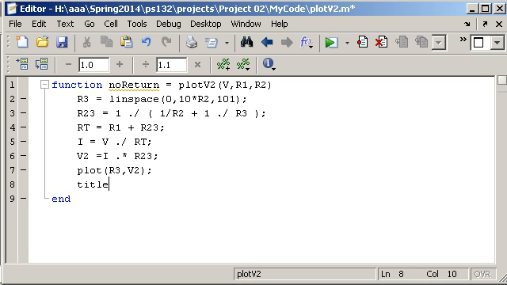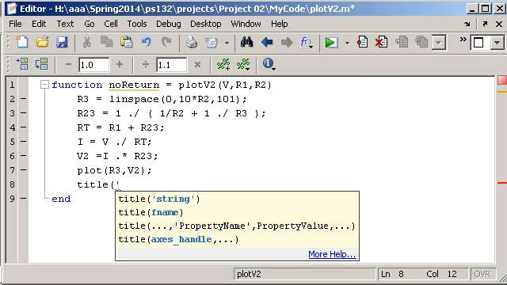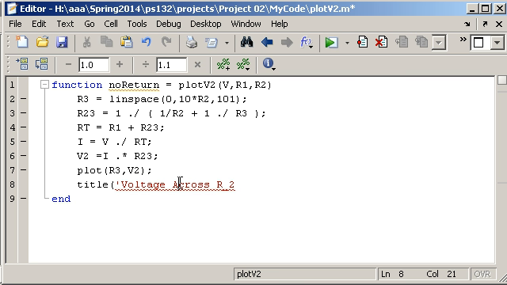So I'll title the graph: the voltage across R2, R sub 2. I'm going to try that with a cap. Versus R sub 3.